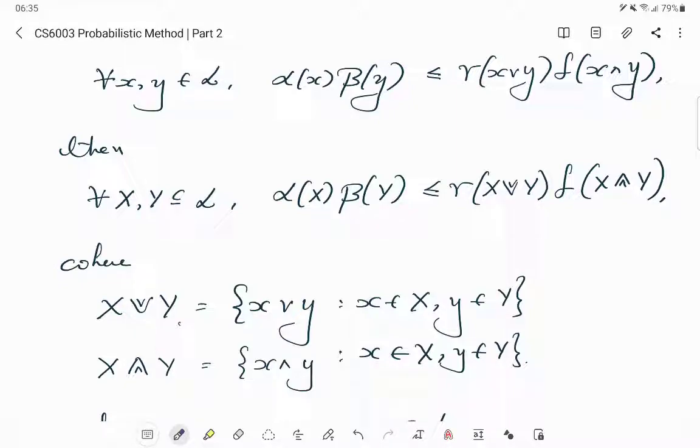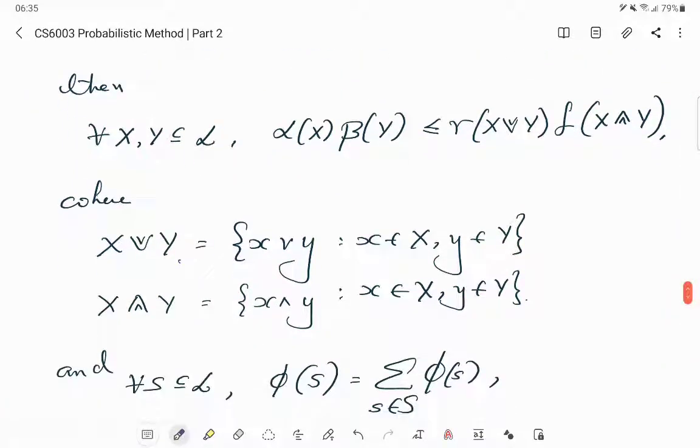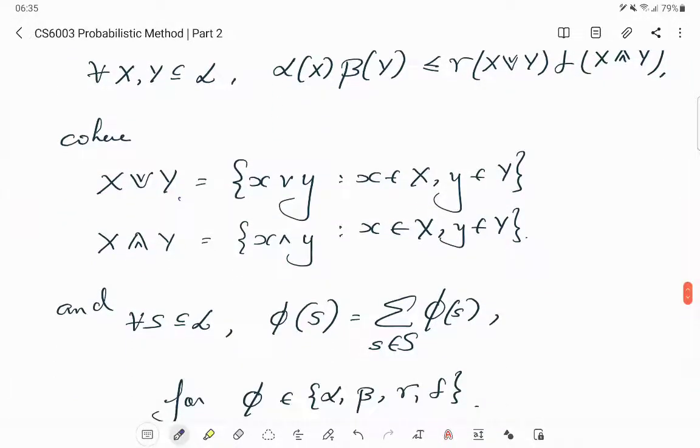So the original version of the four functions theorem is actually embedded here. But in contexts where the underlying structure is obviously a lattice, this version is more directly applicable. This is just the definition of the overloading.